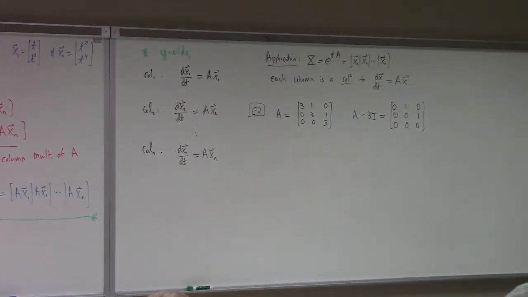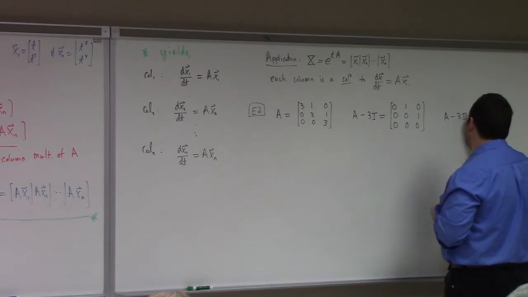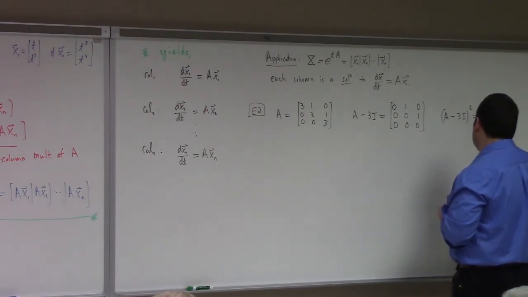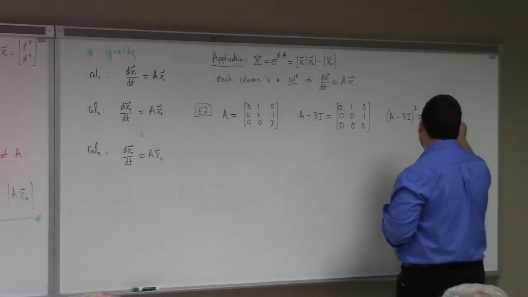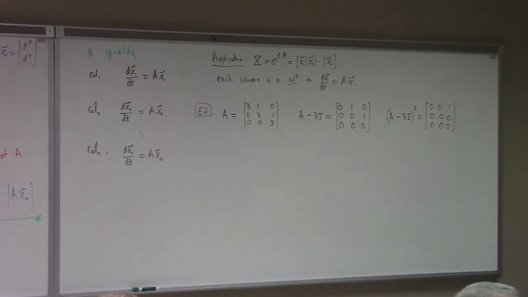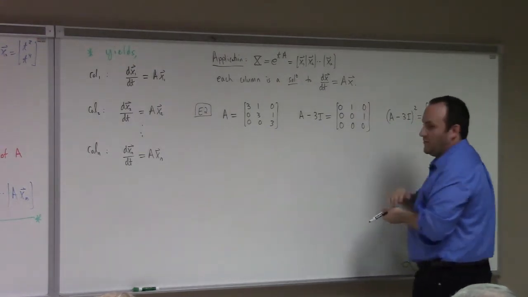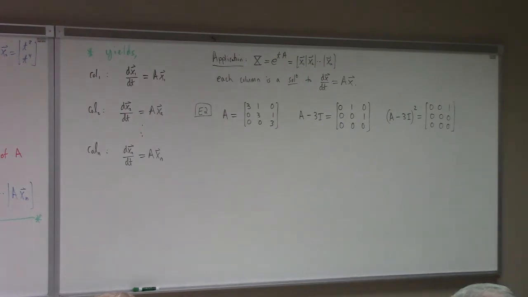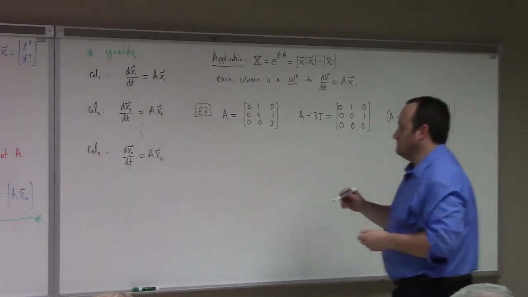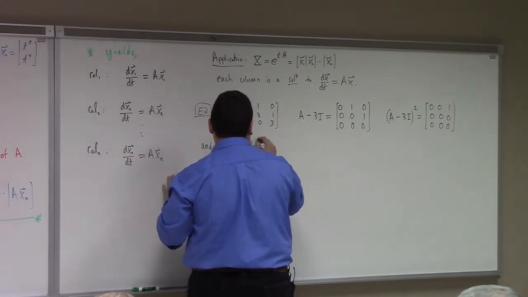So what's A minus 3I squared? When you square that matrix, it just moves the 1 up to the upper top corner, right? Because this times that gives me that 1, but all the other products are 0. How about A minus 3I cubed? Well, that's 0, right?